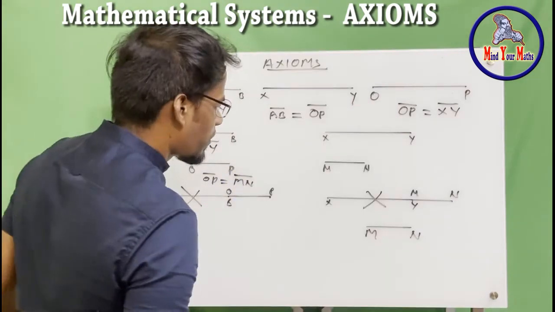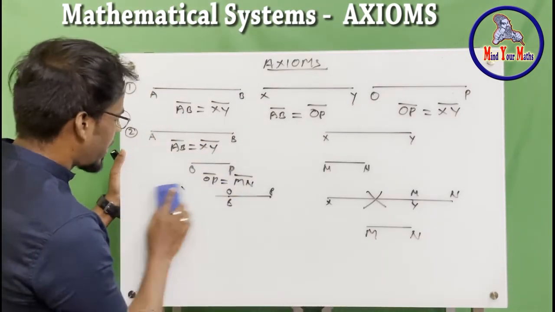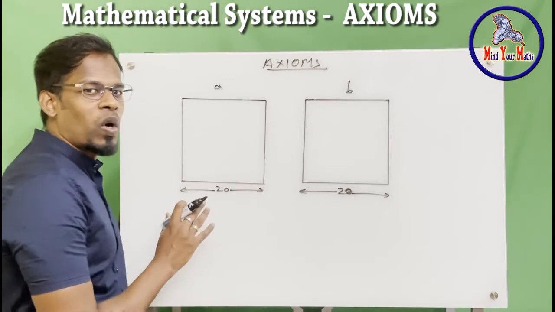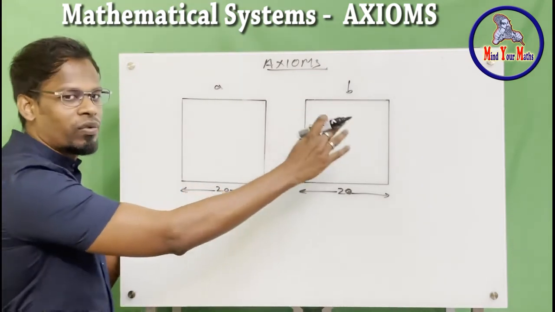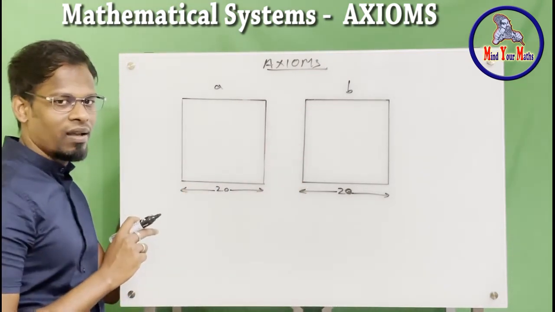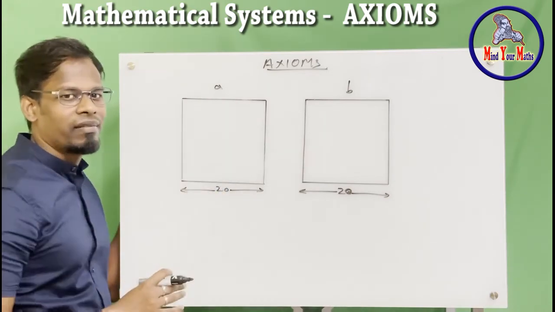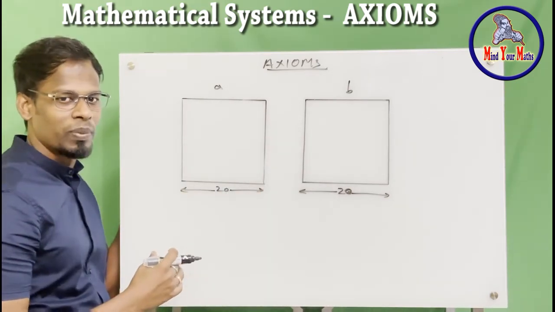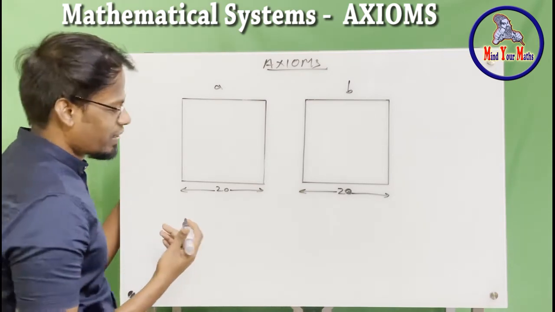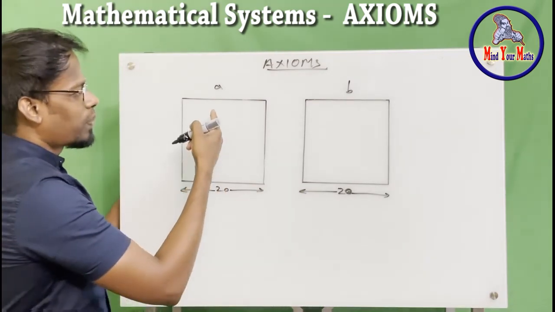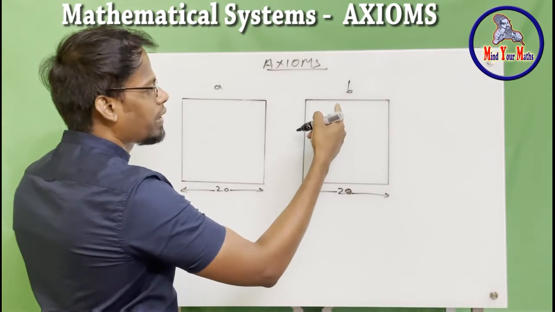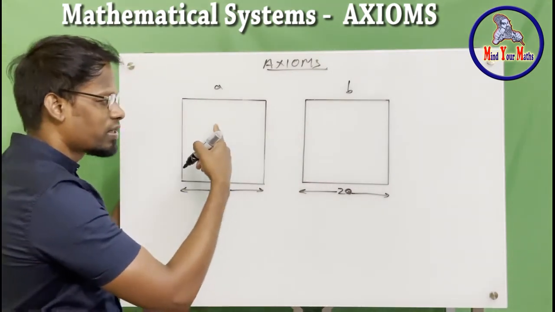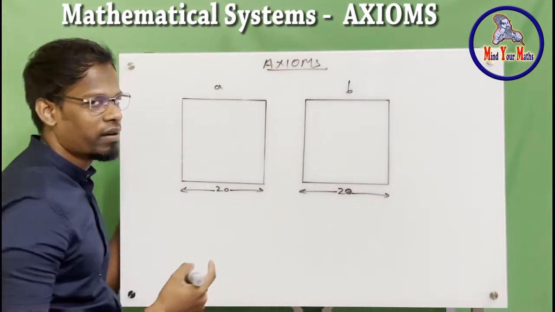For that I'm going to draw two planes. So I have paused the video and then I drew these two planes. Why? Because otherwise the video will go too long before I finish drawing them. Okay, see here. The plane A and plane B. This is a square and this is another square as well.